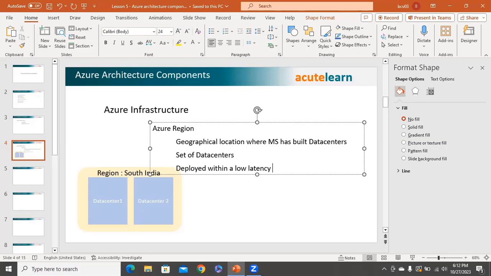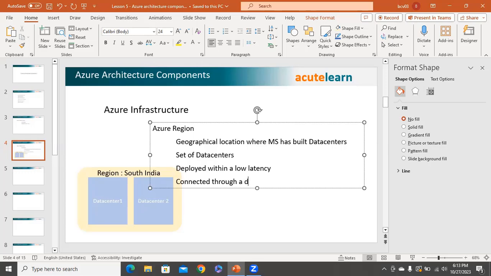Not like one is in Chennai and one is in Bangalore. Within South India, where Microsoft has data centers, they are at a certain distance to avoid any kind of natural disasters.